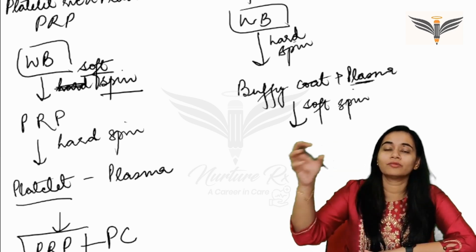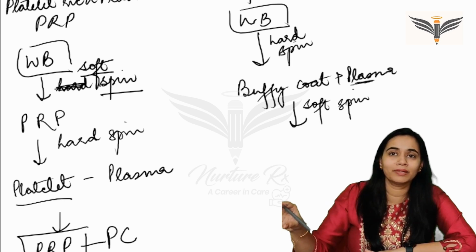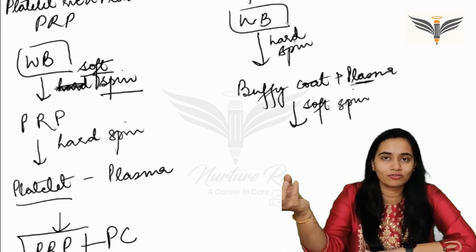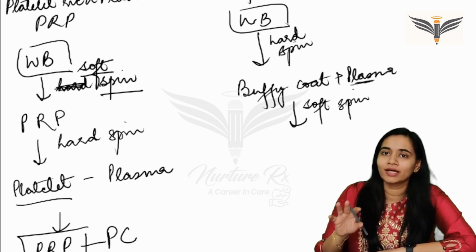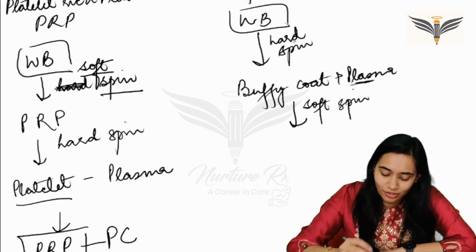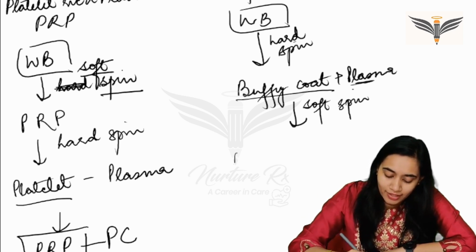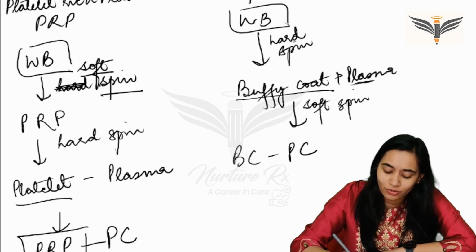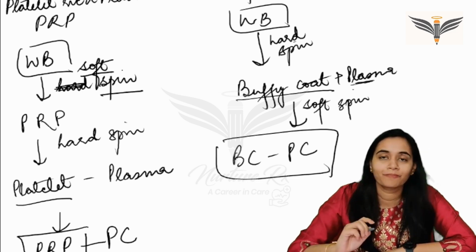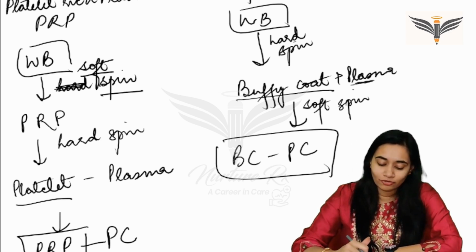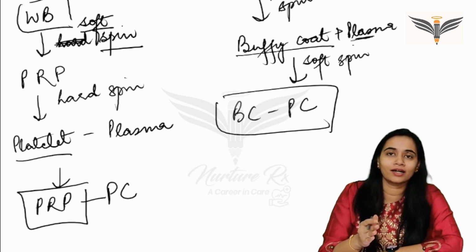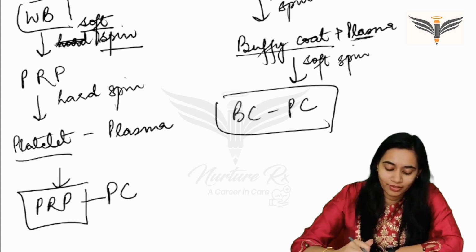So when you remove the upper layer, you are removing the platelets along with the slight amount of plasma, and the settled layer of Buffy coat remains inside your actual bag. The platelet that you get here is your BCPC, Buffy coat platelet concentrate. So these are the two ways in which platelets are formed. You have to remember where the hard spin is given and where the soft spin is given.